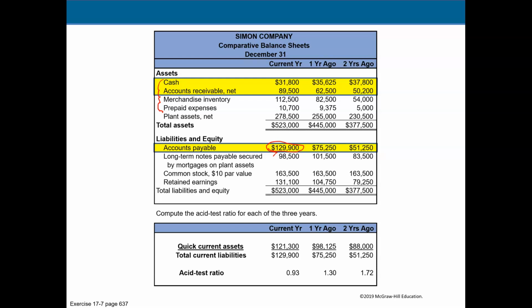But the quick current assets are only the cash and accounts receivable. Inventory and prepaid expenses are not included in the acid test ratio. So that's why you can see the numbers are considerably smaller, because we're not including all of the current assets. If you have less in your numerator, your ratio is going to be smaller as well.